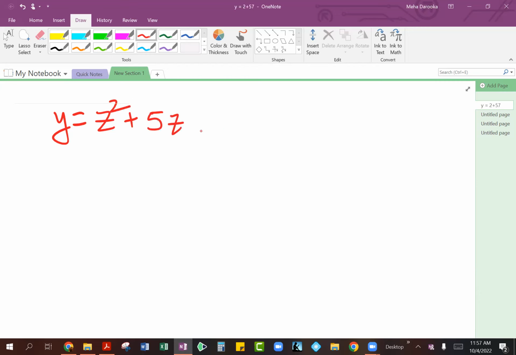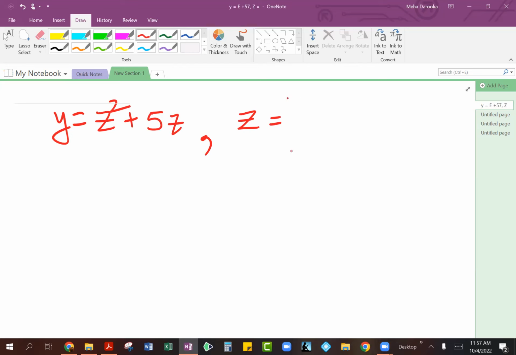Let's do Z squared plus 5Z, and then we can define Z as something with absolute value. So if you're defining Y as Z squared plus 5Z and Z as the absolute value of X minus 4.